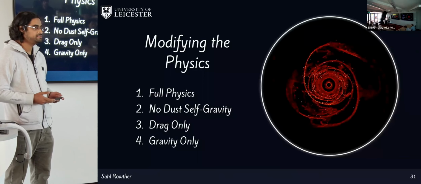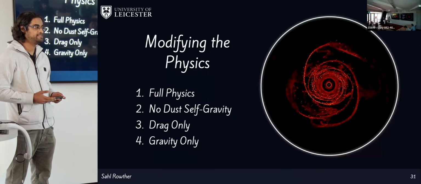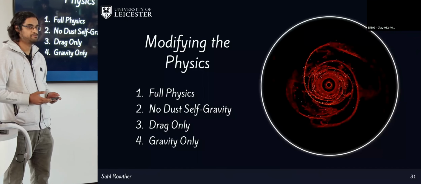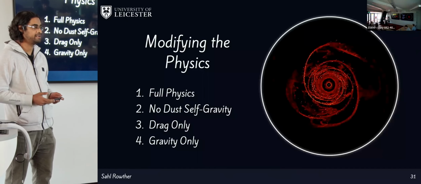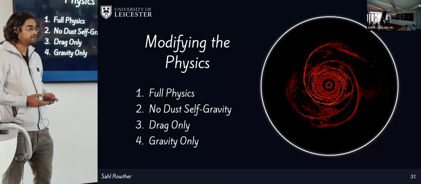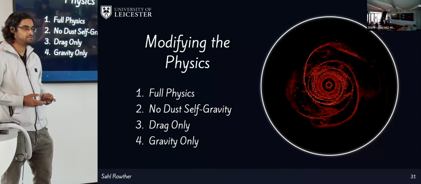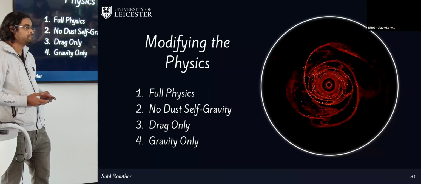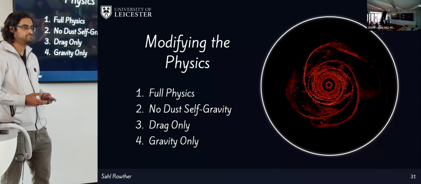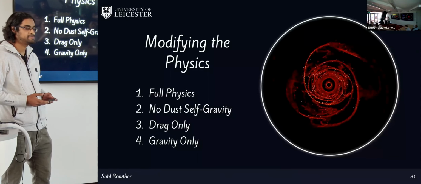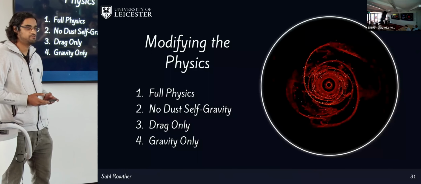The third, the dust stops feeling the gravity of gas as well, although the gas still feels gas self-gravity. So in that simulation, it pretty much only feels drag. And finally, it's a simulation where drag is turned off and it feels the gravity of both gas and dust.